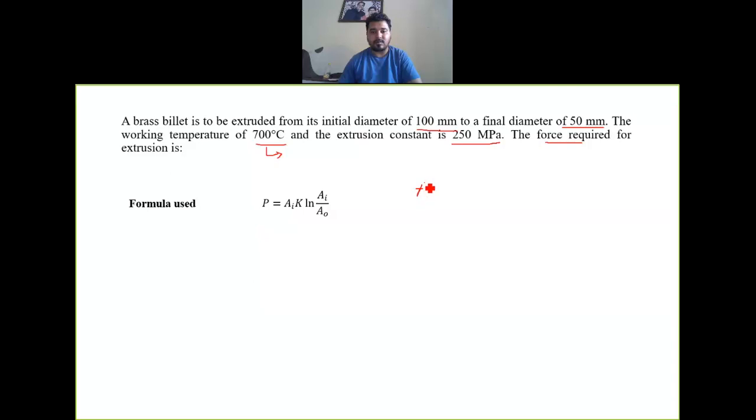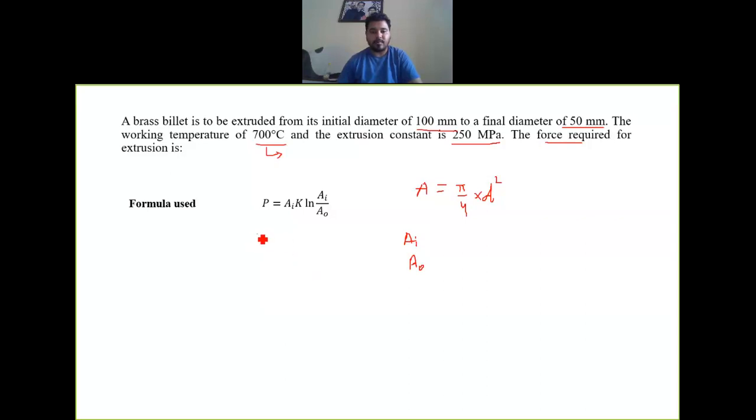Area is equal to pi by 4 into diameter square. So we calculate the areas AI and AO with the help of the initial and final diameters.